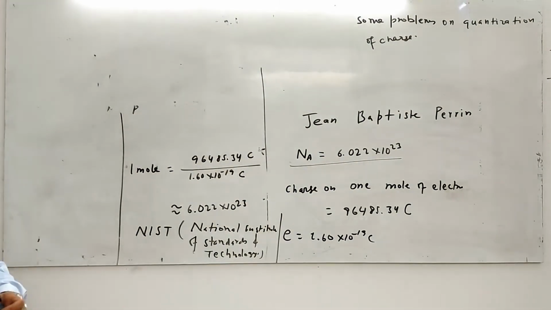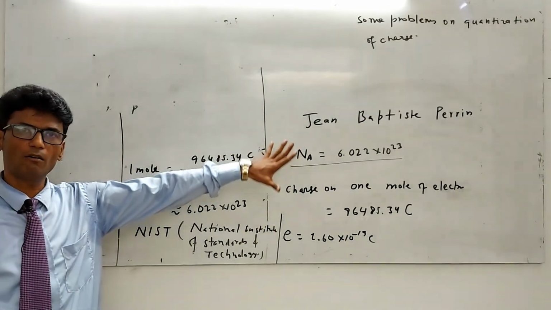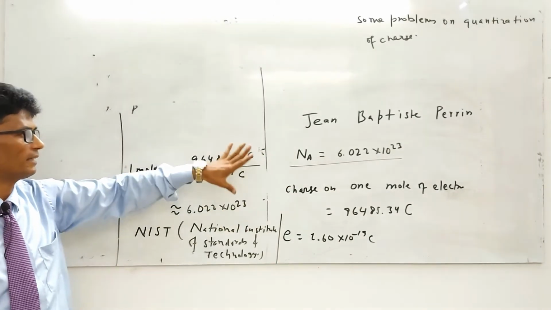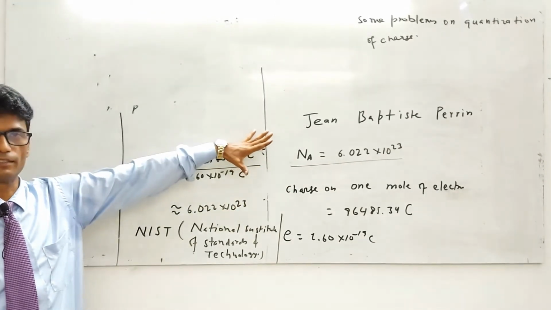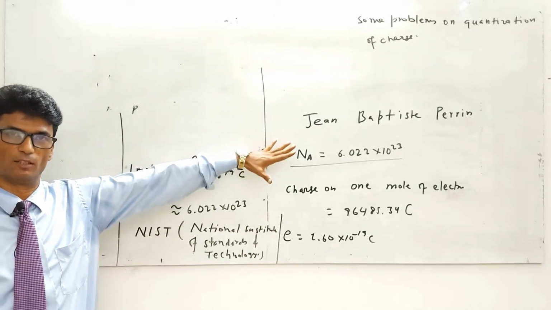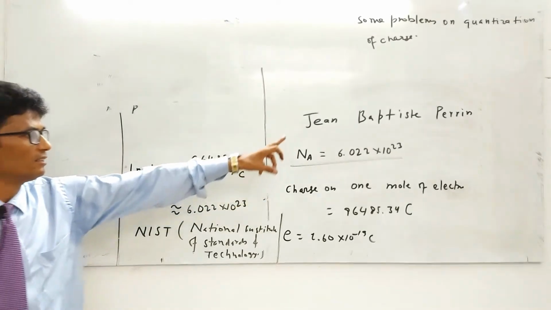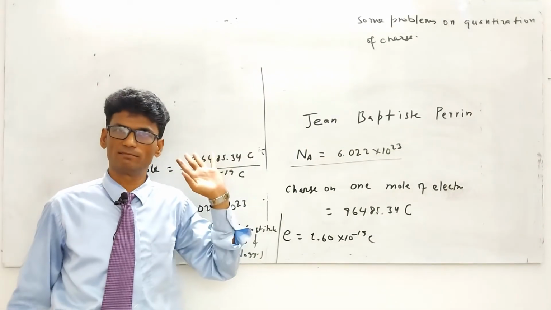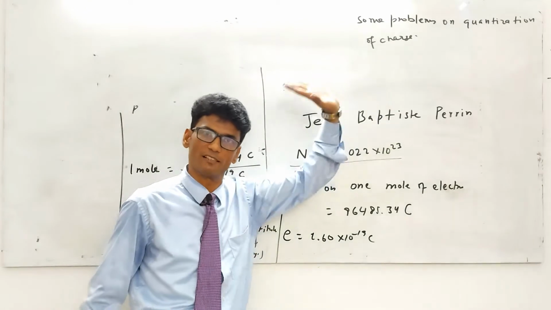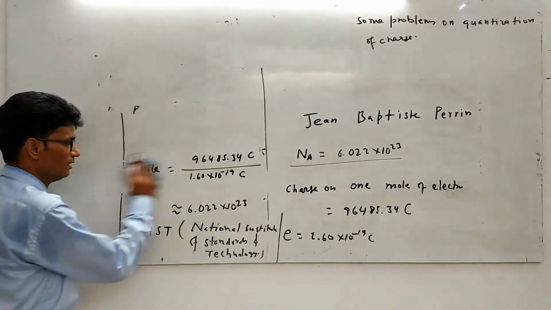These are the things regarding what is mole and how it comes into existence. Very interesting thing is that it is not discovered, coined or formulated by Amadeo Avogadro. It is coined by Jean-Baptiste Perrin, in 1909 as well. So these are the things.